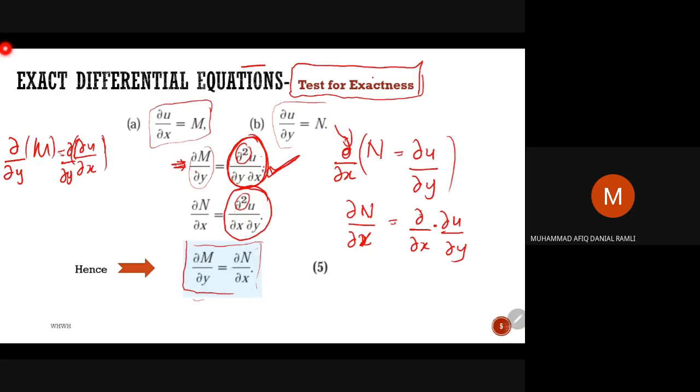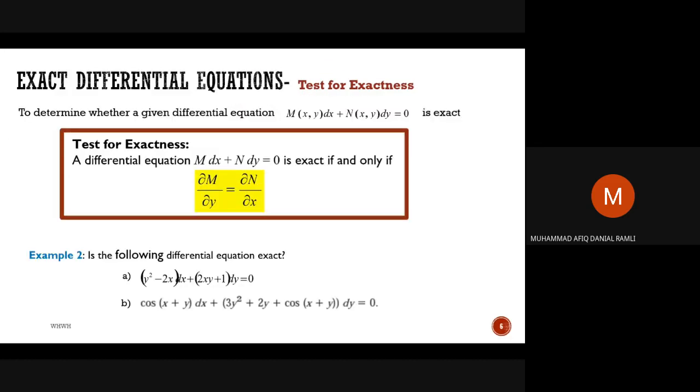So if some of you are still blur about this, it's okay, soon we will discuss through an example. Hence, if we can successfully prove that the partial derivative of m with respect to y and the partial derivative of n with respect to x are the same, then we can say that our differential equation is exact and ready to be solved using the exact equation method. Okay, so now let's go through an example.